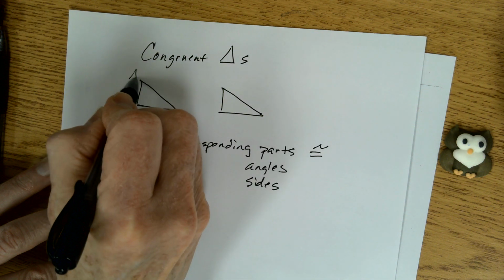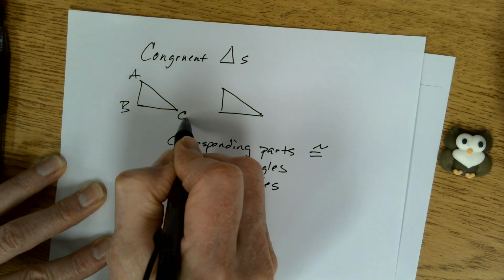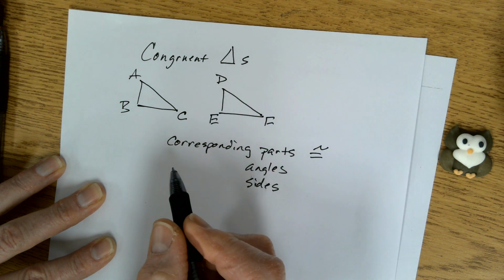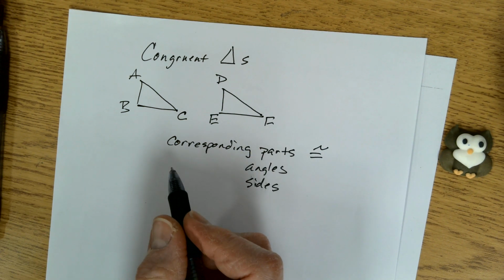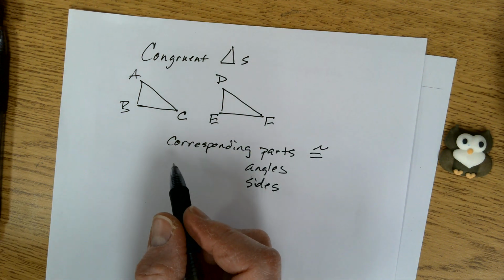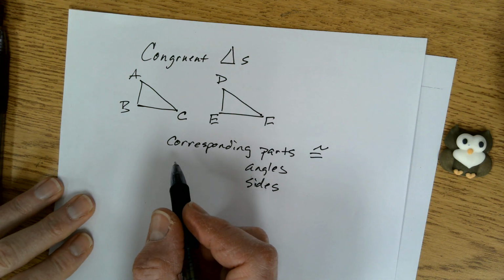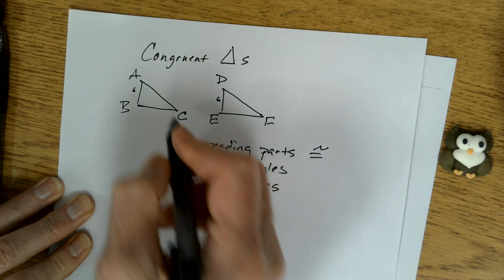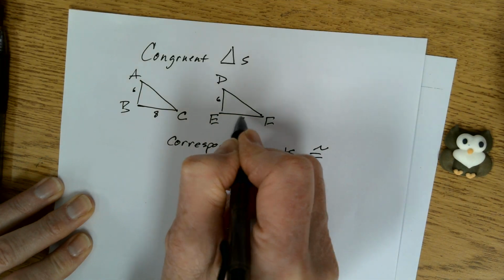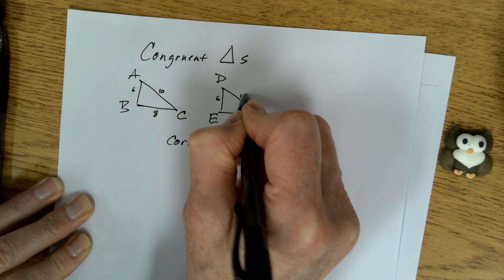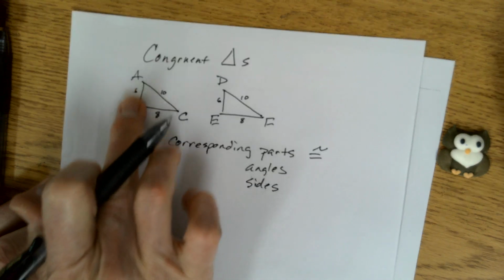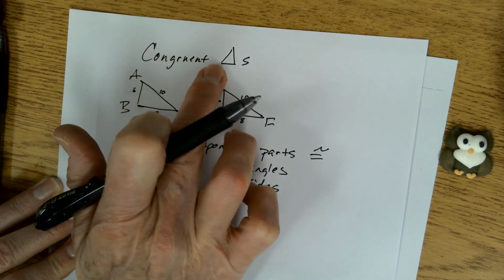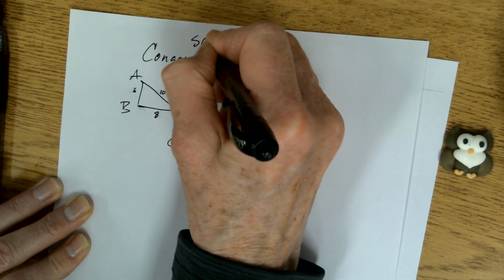So if this triangle is A, B, C, this triangle is D, E, F, all the corresponding sides have to be congruent. So if this is 6 long, this would have to be 6 long. If this is 8, this would have to be 8. This would have to be 10, right? They're identical copies. I could cut this one out, lay it on top of that. And that is called congruent. It just means they're the same.